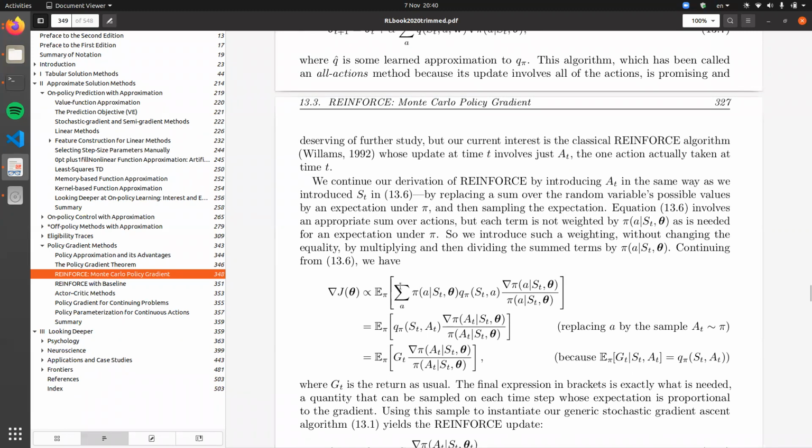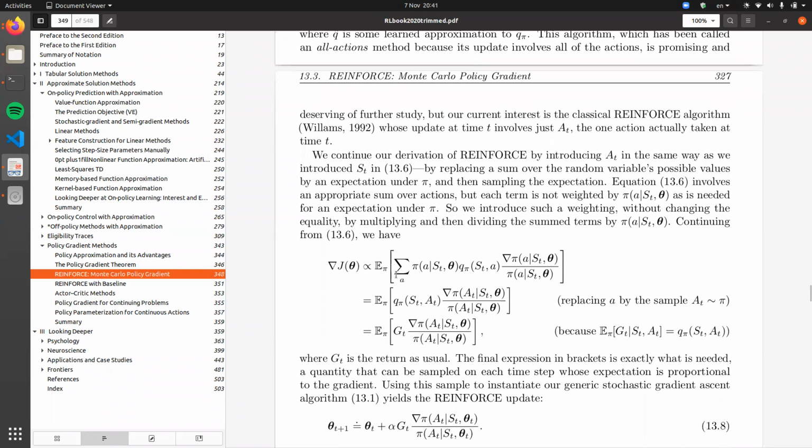So that is a policy defining the probabilities of actions for a particular state s sub t. Then we can observe that a sum over probabilities of actions is 1 here.